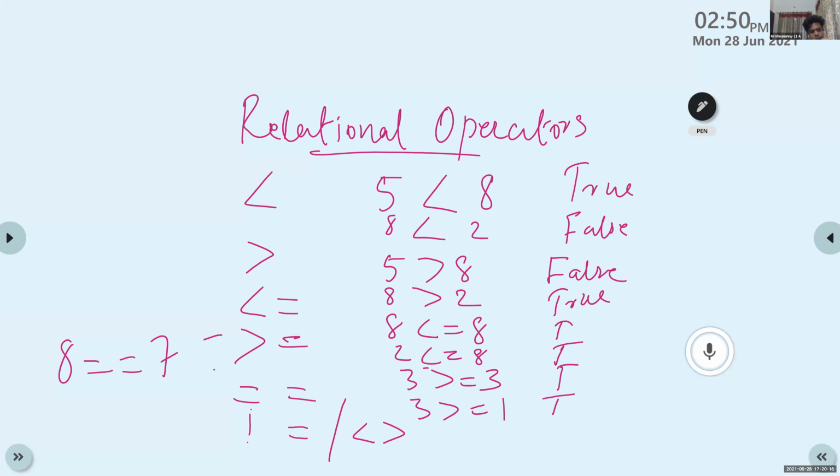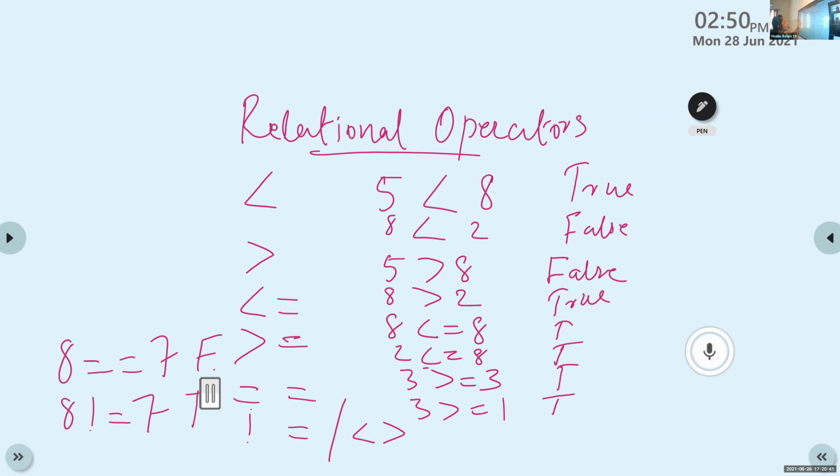False, correct, because 8 is not equal to 7. But if you write 8 not equal to 7, what is the answer? True. 8 not equal to 7 is a correct statement. 8 is not equal to 7. Okay, so it is true.